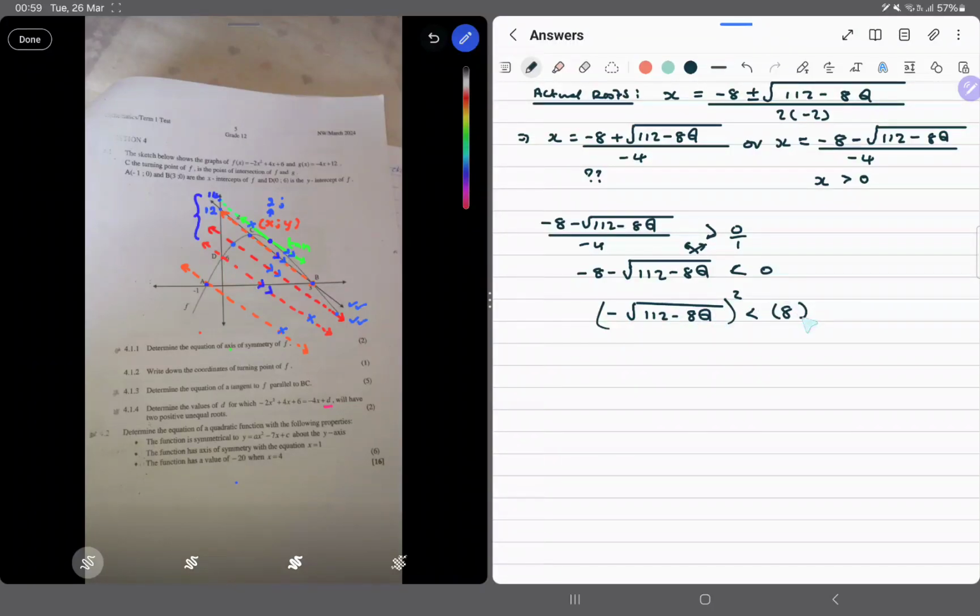Now radicals, you do as you know how. So this is going to be 112 minus 8d is less than 64. Then minus 8d is less than minus, let's see, 64 minus 112, it's minus 48. Therefore d is going to be greater than 6.